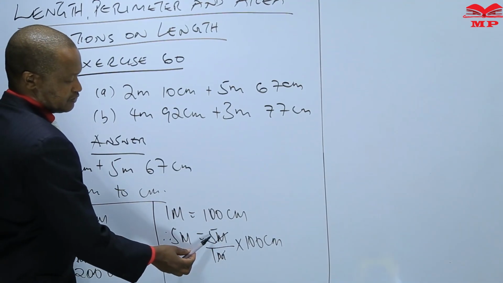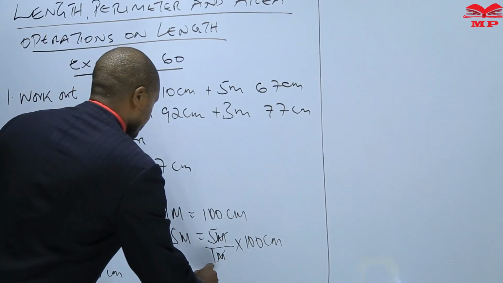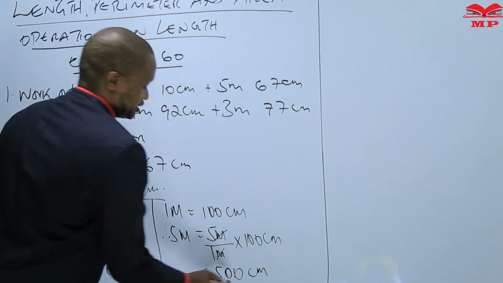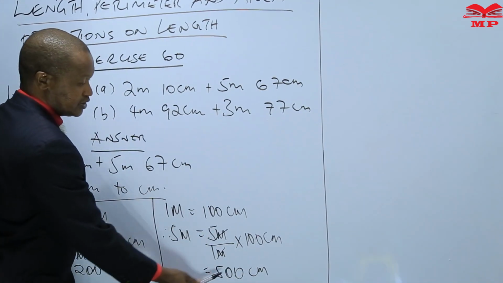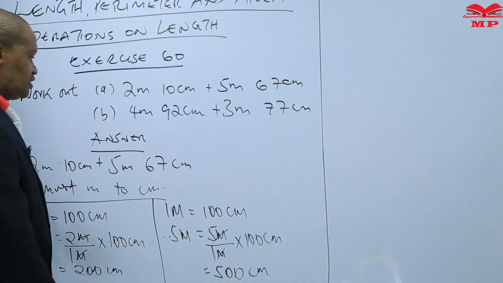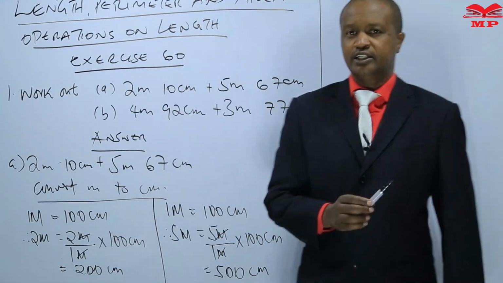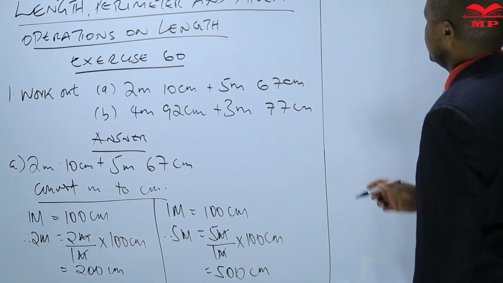So we have 5 times 100, and that will be equal to 500 centimeters. So now we have similar units. We can go ahead and carry out the operation of addition.